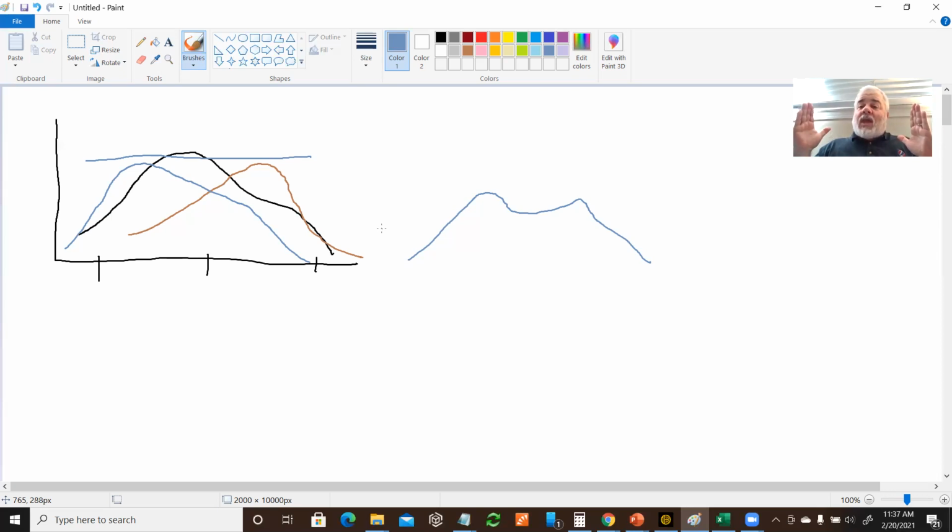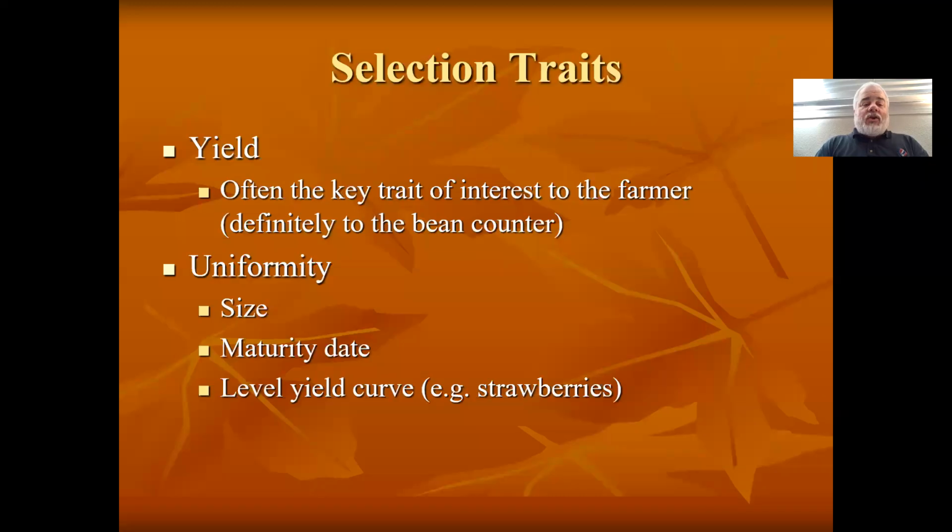Instead of it just being a summer crop, we now have expanded it, but still winter strawberries are not exactly a huge thing. So you need to know that. You need to know your customers. You need to know that yield curve. You need to know that market timing. And you breed for that. You breed for the timing.